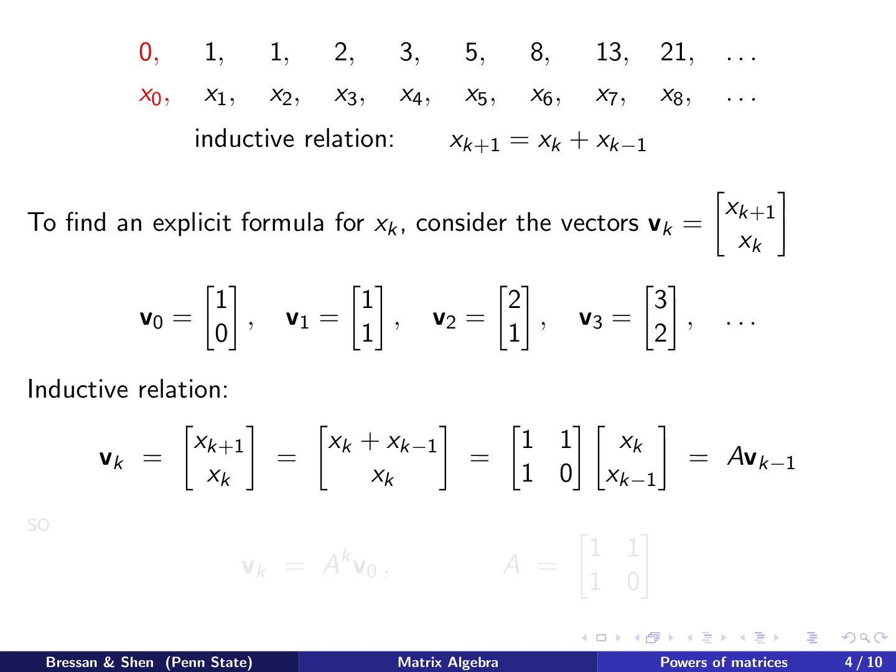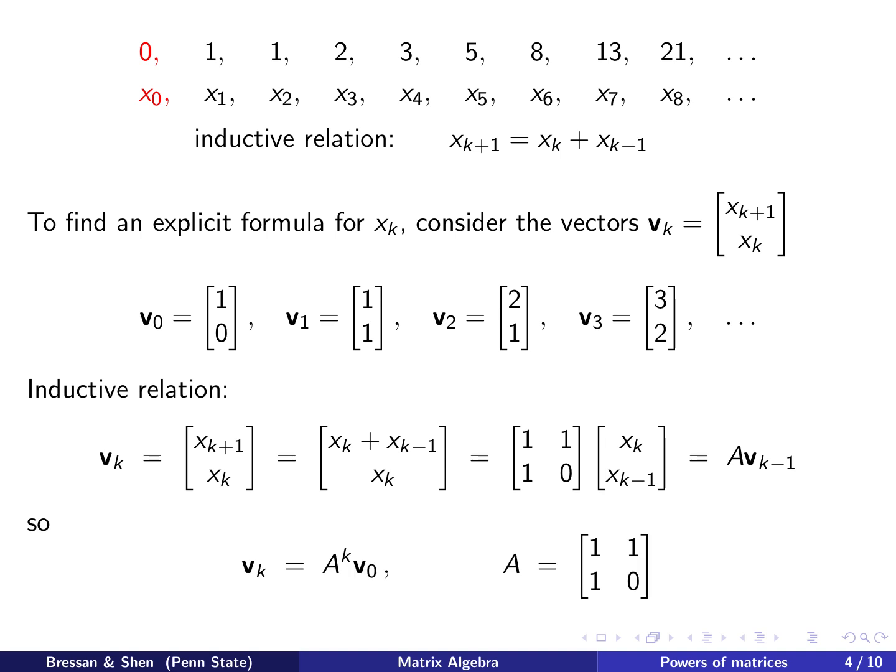We want to keep the unknowns with the index here always 1 bigger than the index here, so we'll have xk here and xk minus 1 here. Then you can extract the coefficients: you will get 1 and 1, which we put here, and this will be 1 and 0, which we put here. This matrix, 1, 1 and 1, 0, we'll call A. Then we have a relation: Vk is A times V at k minus 1. So this is an inductive relation for this vector form.